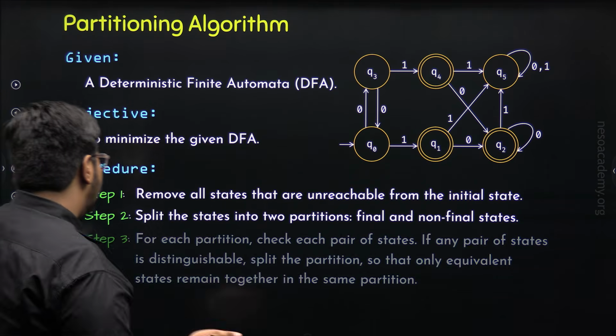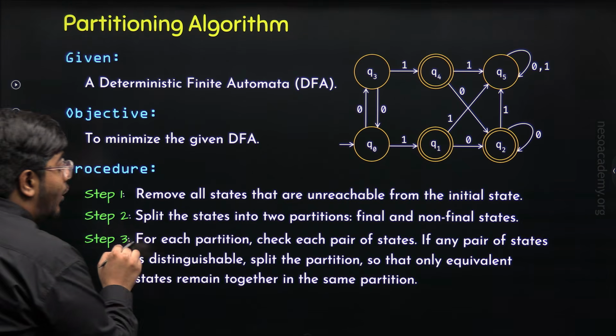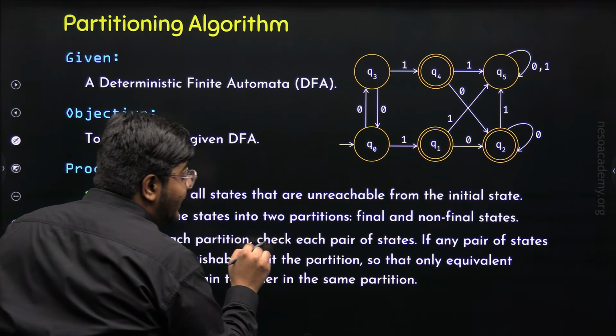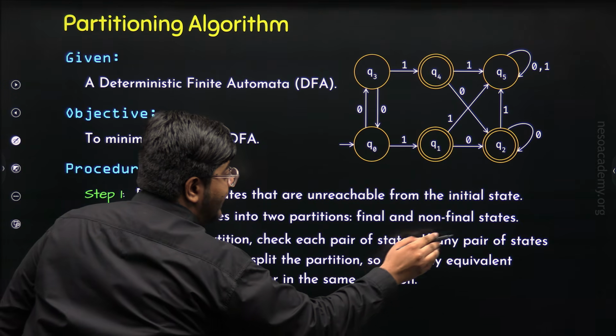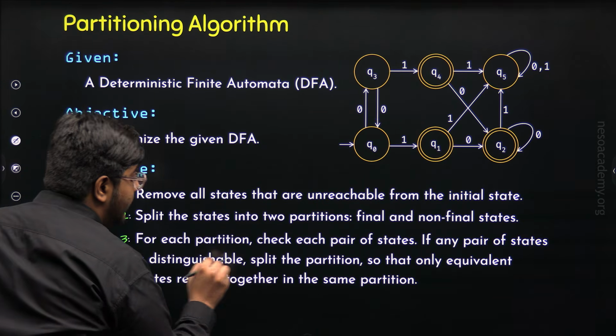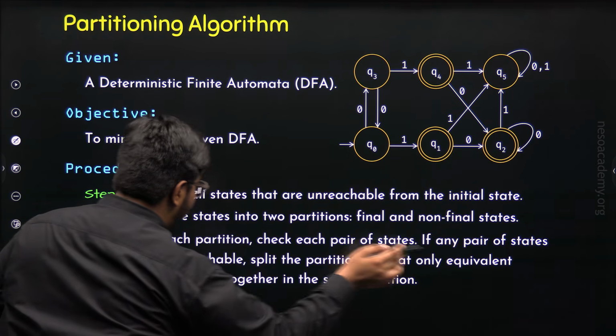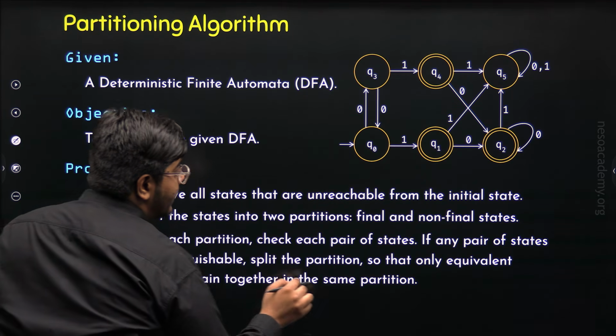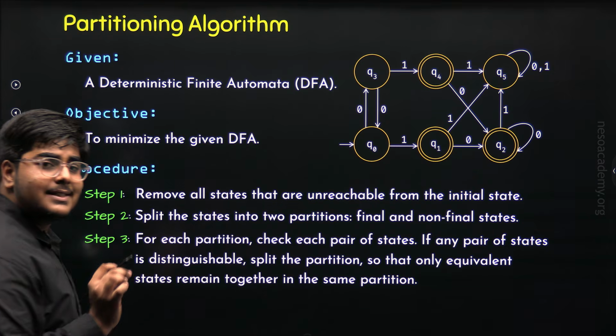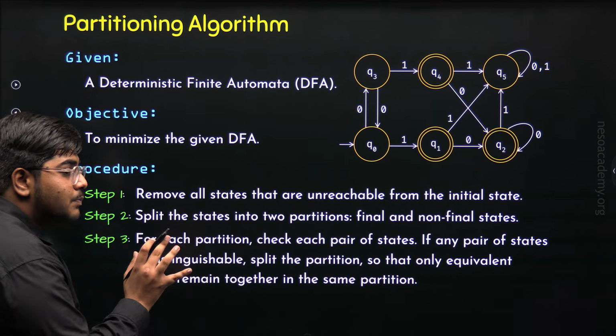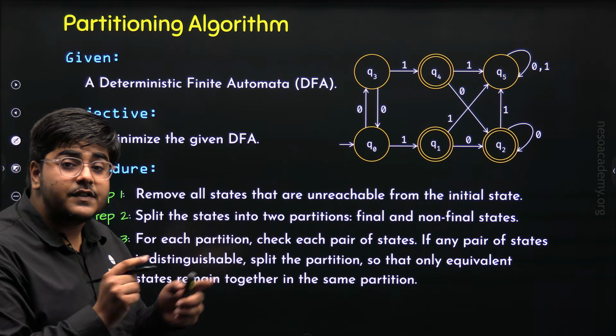In step number 3, for each partition, check each pair of states. If any pair of states is distinguishable, split that partition so that only equivalent states remain together in the same partition. What does that mean? For each partition, we need to check each pair of states.